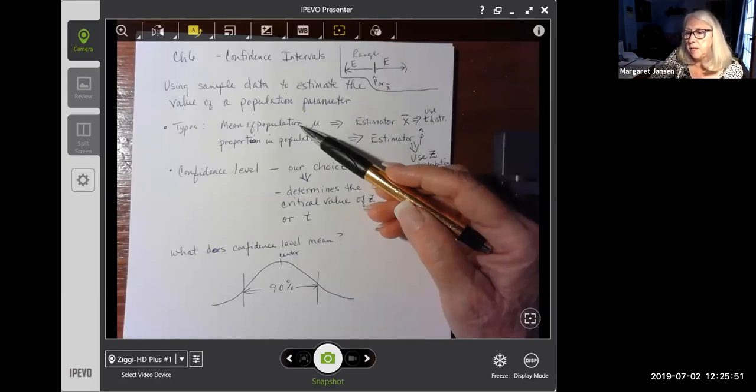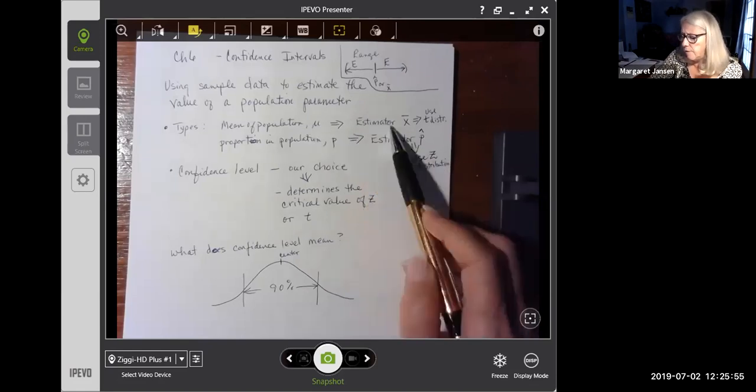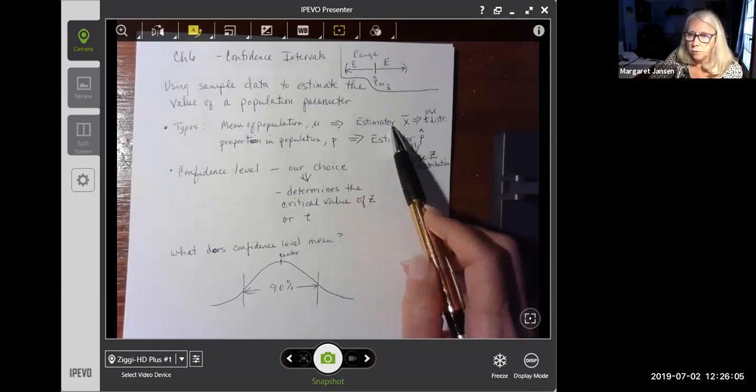And the difference between these two is if you know the standard deviation of the population that you are trying to estimate the mean for, you get to use our regular old standby Z distribution, that normal distribution table. Because we are not assuming that we know the standard deviation of the underlying population, we're going to have to introduce a new distribution.